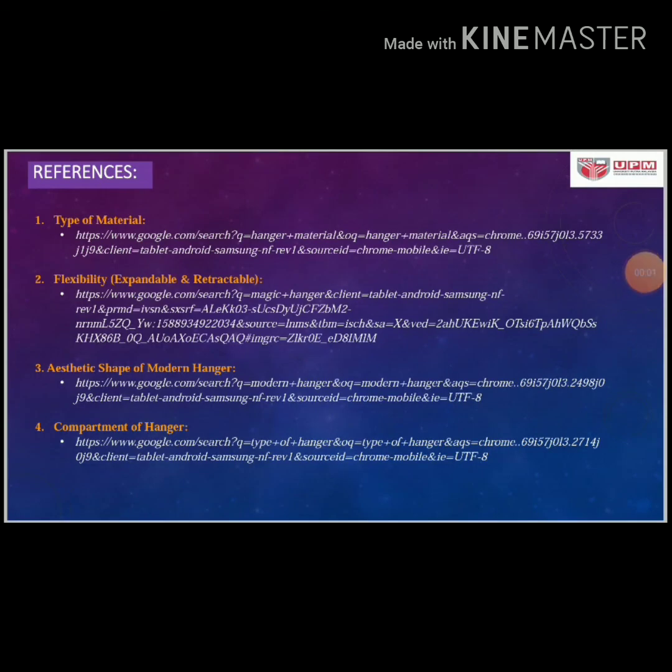Okay, last but not least, I am very grateful to have this opportunity to take this subject, because I realized that it really helps me, giving me vision on how to create a good product and how to select a good product.